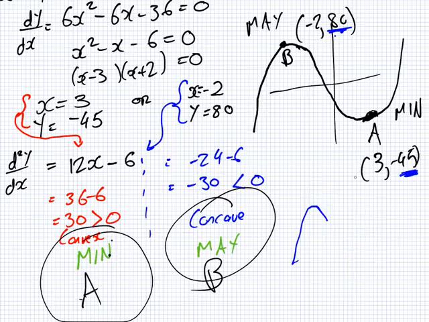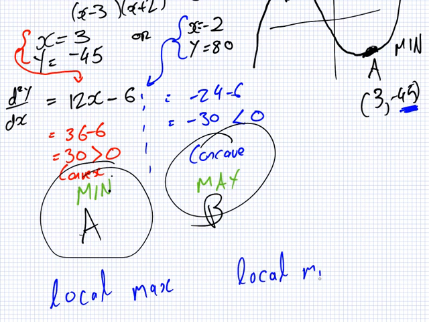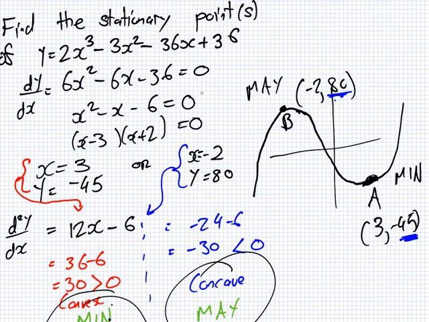So to help our English a little bit, we usually put in the words local max and local min. Because if you look at the graph, this is a maximum, but it's only a maximum in its neighborhood. It's not the maximum globally, because of course this graph continues up to infinity.